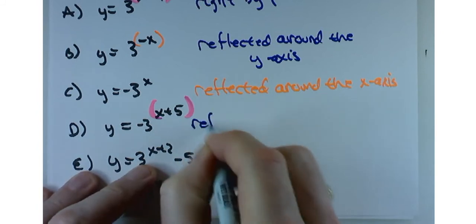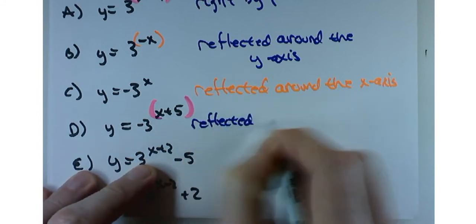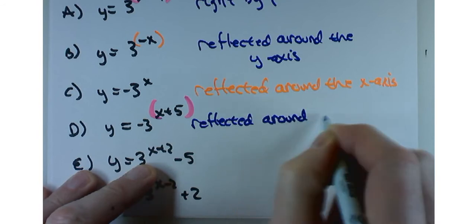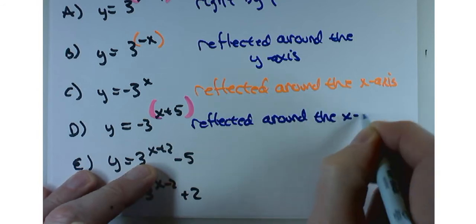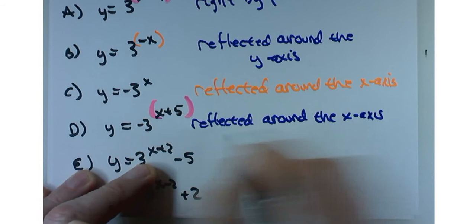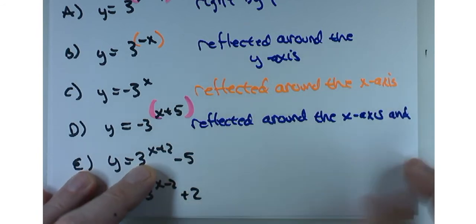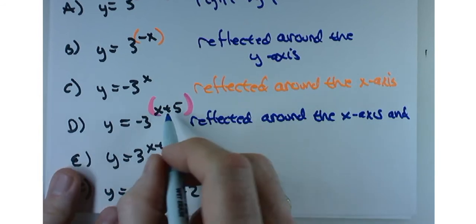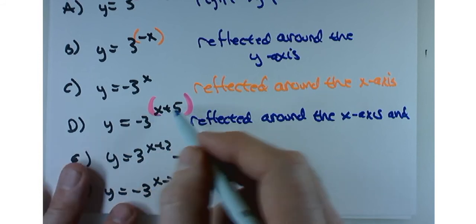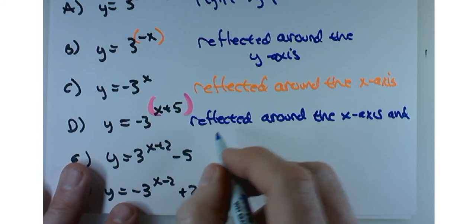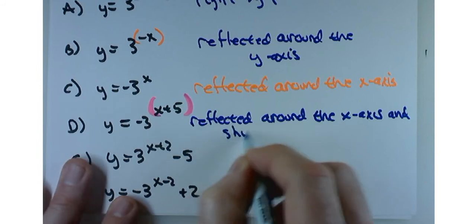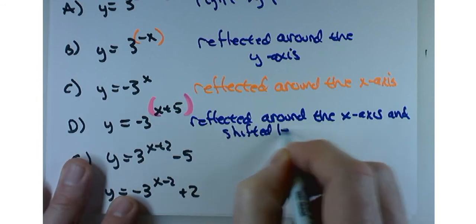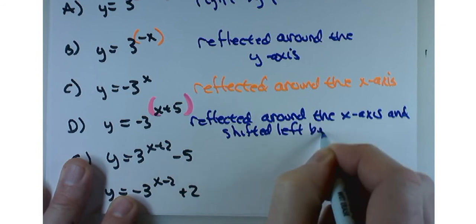And what else? Shifted to the left by 5. Good. Again, that plus 5 in the exponent is going to cause a horizontal shift, and it's opposite of what you might think initially. Shifted left by 5.